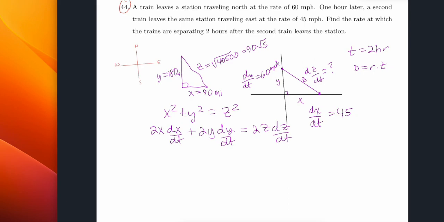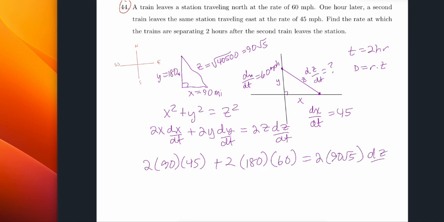Okay. Now, let's fill in everything we know. X is 90. dx/dt was 45. Y was 180. dy/dt was 60. Z was 90 radical 5.